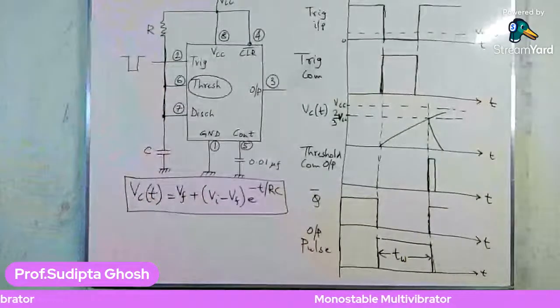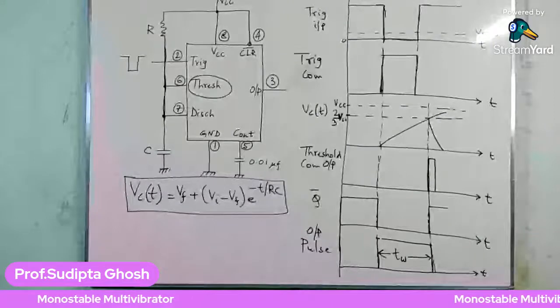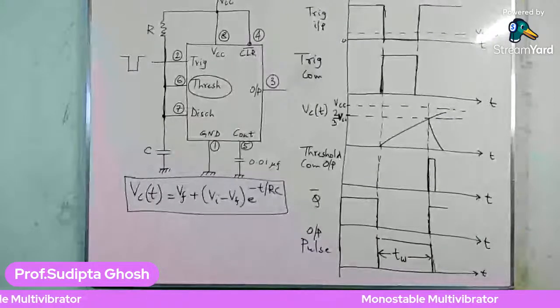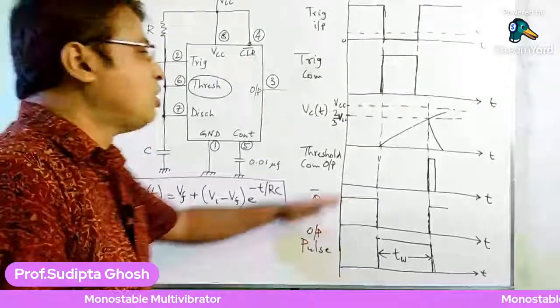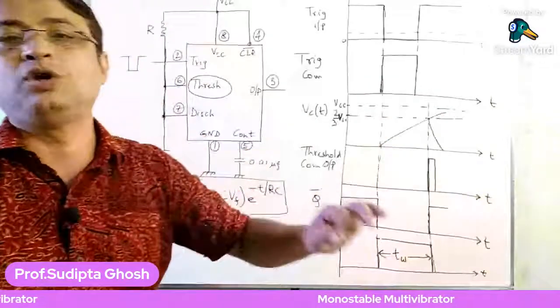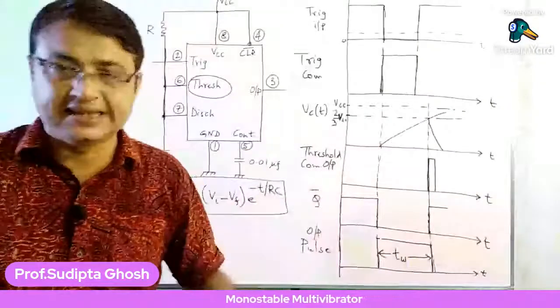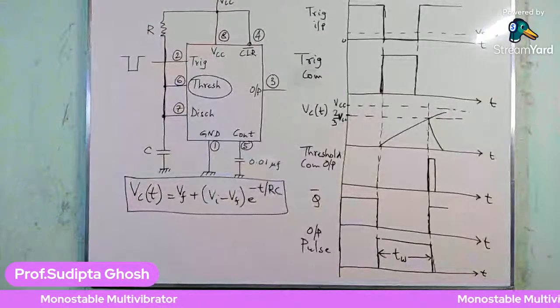Now for this circuit at time t equals 0, the capacitor value is VI equals 0. And at t equals infinity, the target value of the capacitor voltage is VCC.